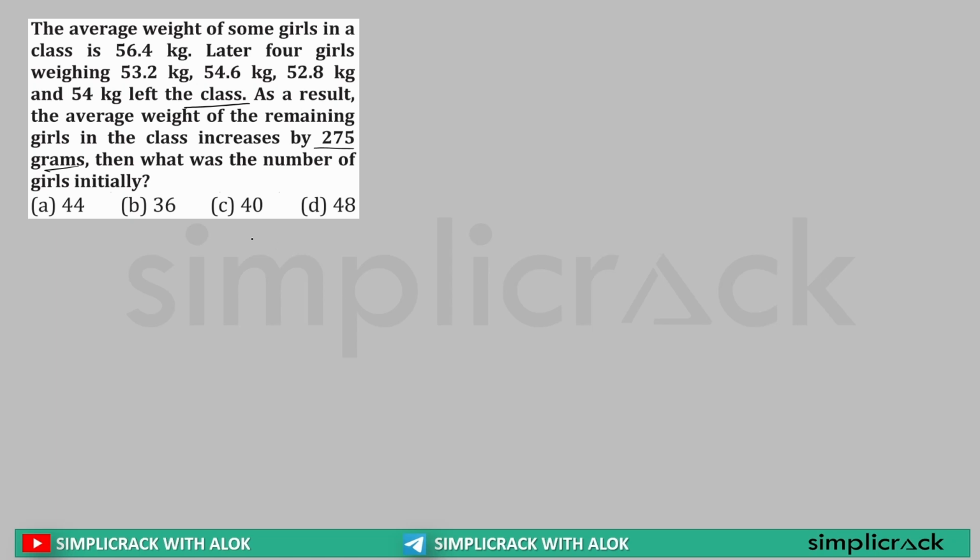Now understand this. 56.4 kg was the average. For example, previously the total number of girls was X. So the total weight of the class was 56.4 into X. Yes or no? Yes. Now 4 girls whose weights were 53.2, 54.6, 52.8 and 54 left the class.